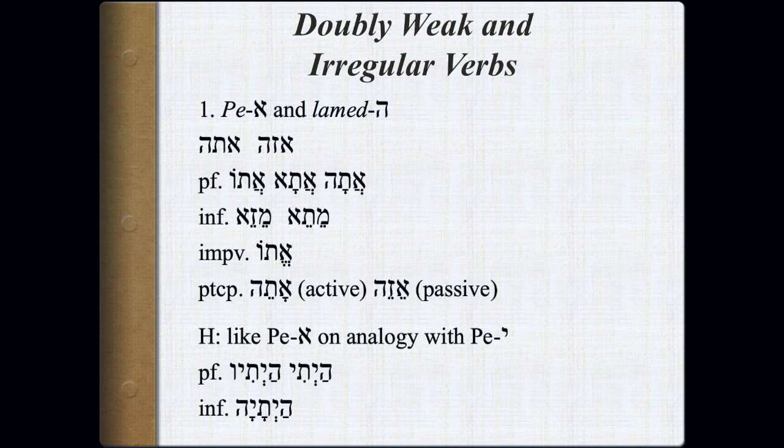So, for example, azah and atah. Notice that there's kind of a combination of conforming to the rules for initial pey and for final hey verbs. And you can see some of the examples that occur here.